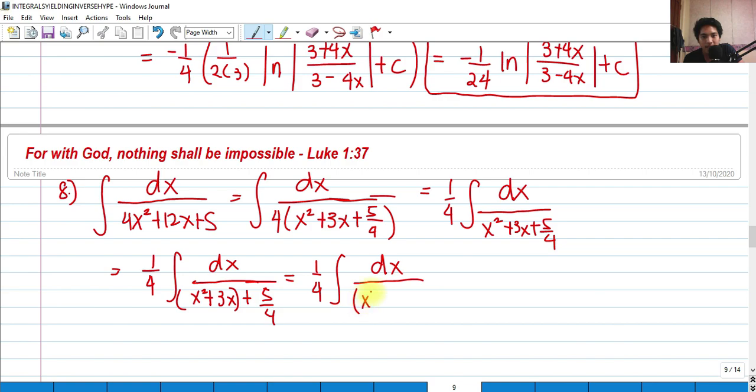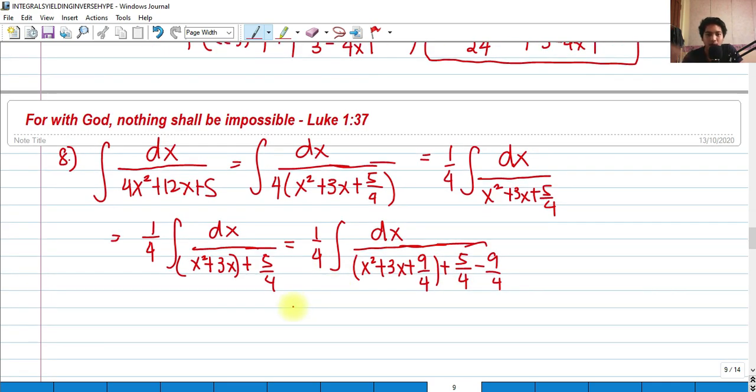So that would be x squared plus 3x plus 3 halves squared. We squared 3 halves, so 9 over 4. Plus 5 over 4. Of course, we have to subtract 9 over 4 here, so that this is still equal to our original polynomial. So we add 9 over 4 here, we subtract 9 over 4 here.